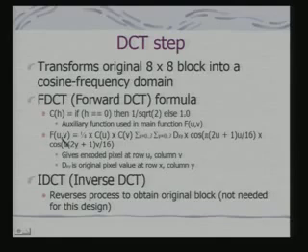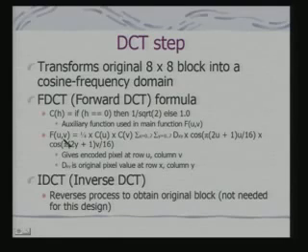So, when I have F(0,0), that means I am looking at the DC component, and u and v correspond to spatial frequencies in both directions, because it is 2-dimensional data. So I shall have 2 frequency values. Once we have these, we get F(u,v). Why do we do this kind of transformation?